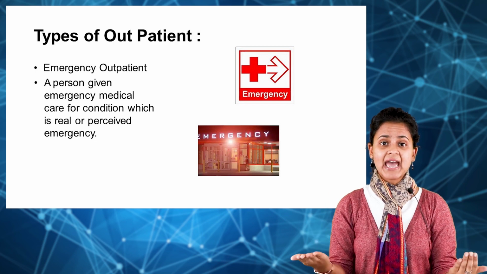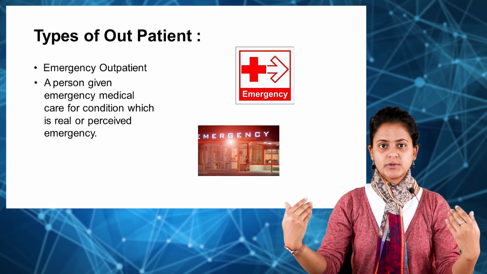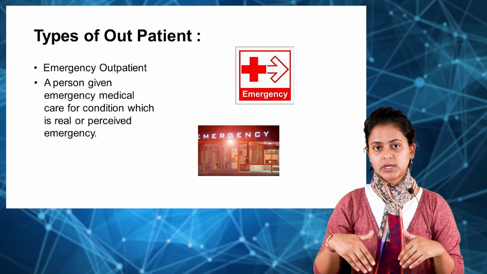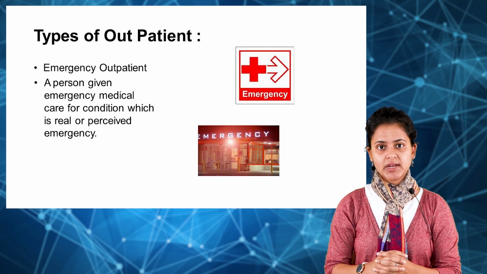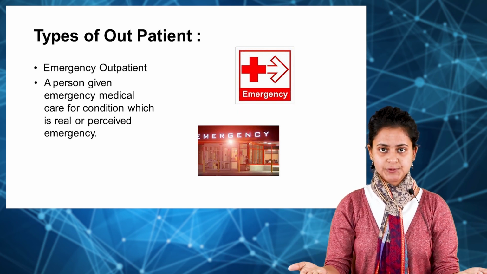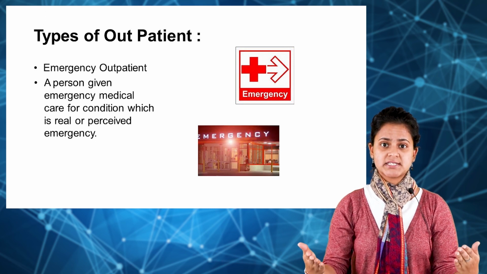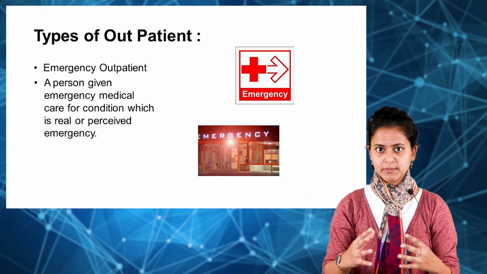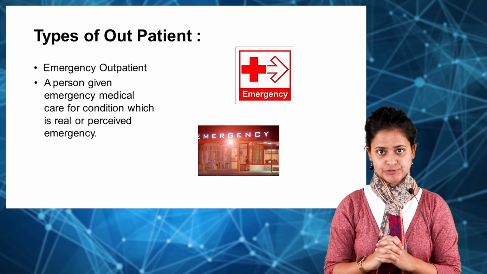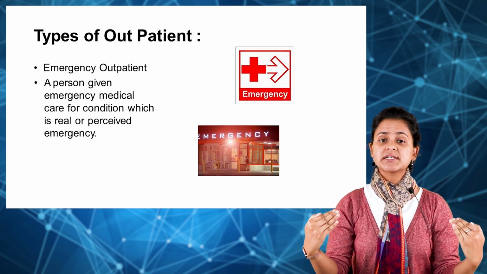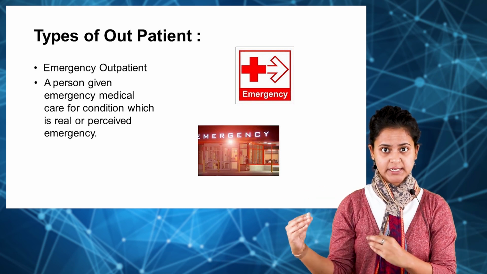So the cases can be a real emergency or a perceived emergency. Based on that, in the emergency outpatient department, medical care and treatment will be provided to the patient. If there is any indication, the patient may be advised to go for the inpatient department for a hospital stay and continuous health monitoring. If there is no need, the person will be discharged from the emergency outpatient department itself.